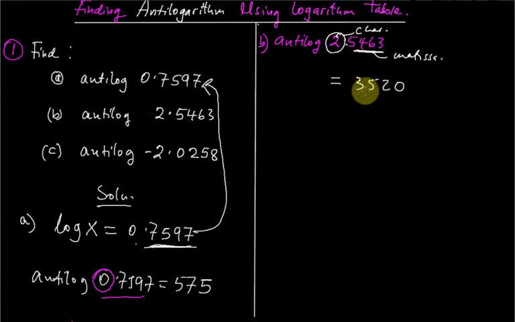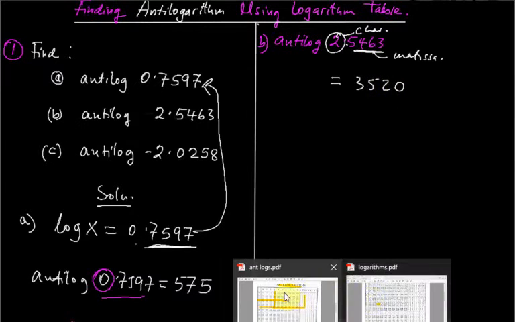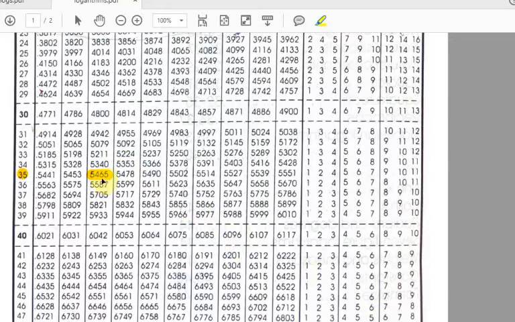Now mind you that from here, you see this is 5465, while we are looking for 5463. So there is a difference of 2, which we have to subtract using our mean difference. So you look, the mean difference of 2, where will it coincide?